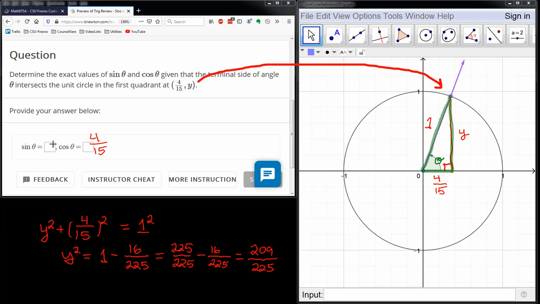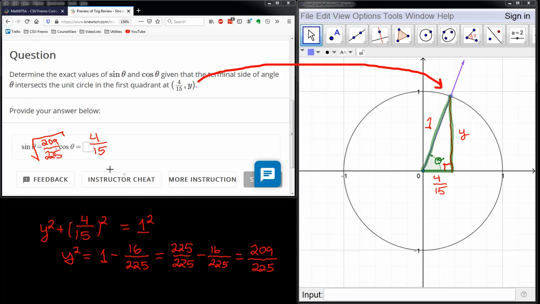It should have been 209 over 225, so that was half right, but I forgot there should be a big square root here, because we need to take the square root of all of that, since we figured out what y squared was.